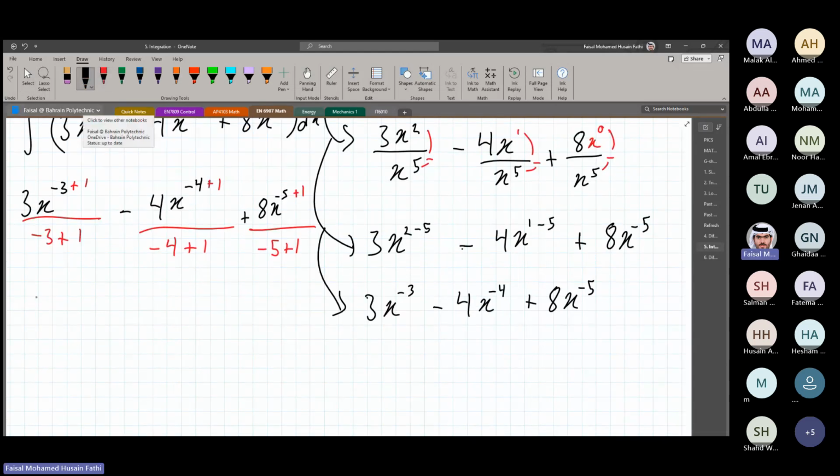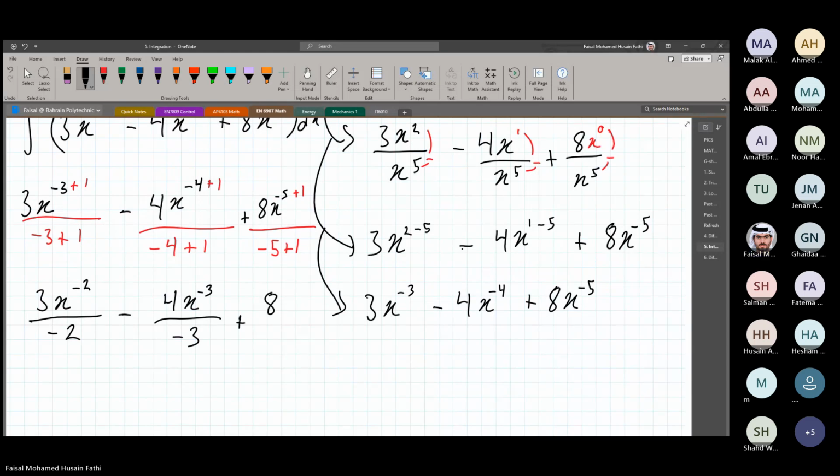Simplifying this will give us 3x to the power minus 2 over minus 3 plus 1, which is minus 2, minus 4x to the power minus 3 over minus 3, plus 8x to the power minus 4 over minus 4.